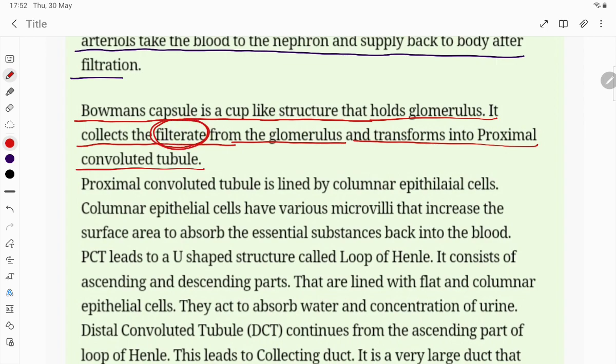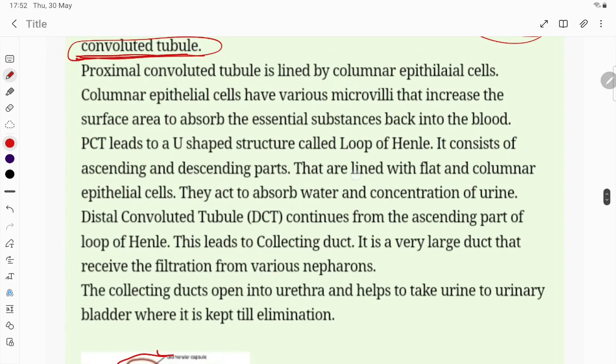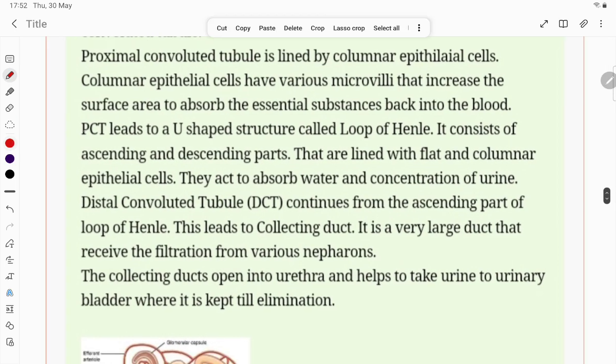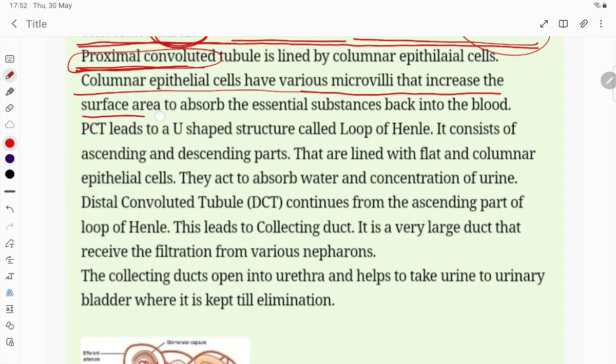Filtrate means the nitrogenous waste, which it takes and sends to the proximal convoluted tubule. The proximal convoluted tubule is lined by columnar epithelial cells, which provide surface area to absorb the essential substances back into the blood.